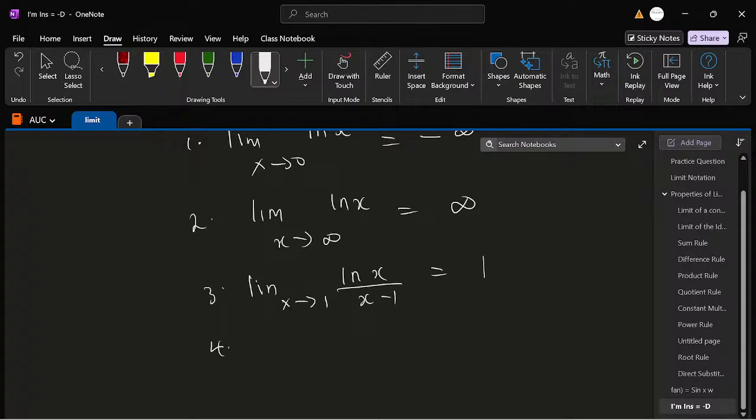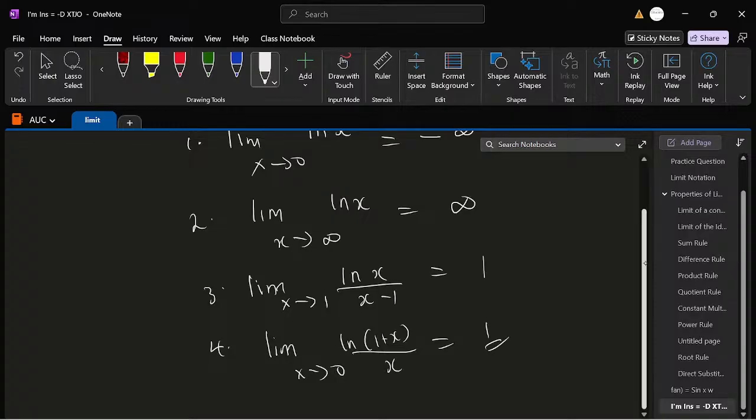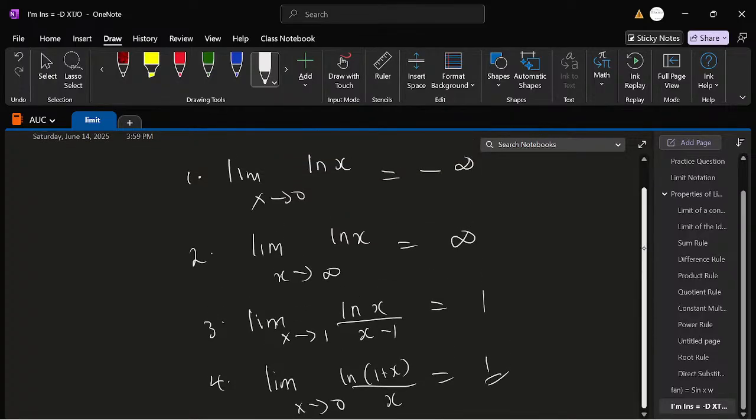And the fourth one is the limit as x approaches 0 of ln(1 plus x) over x. It will also be equal to 1. So this is just the summary of the 4 properties we have under logarithmic functions.